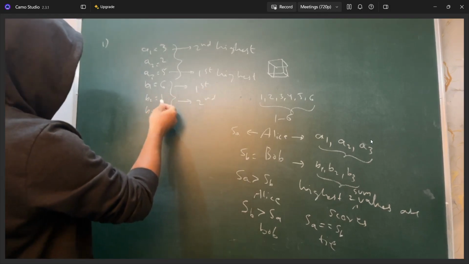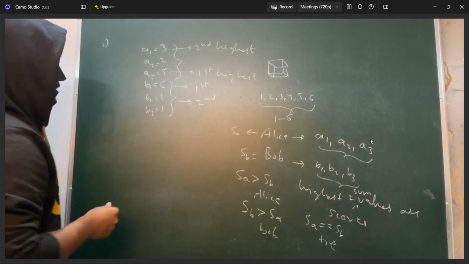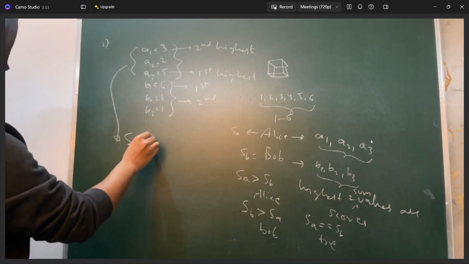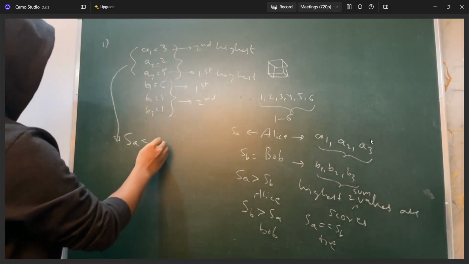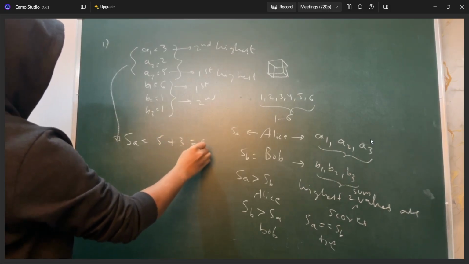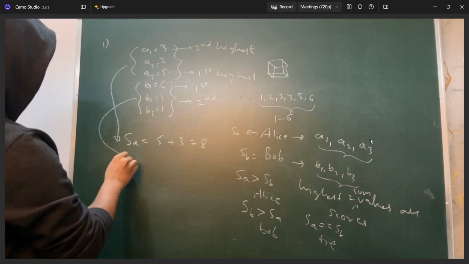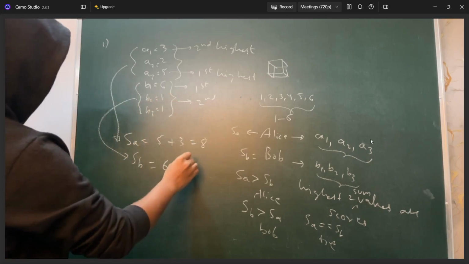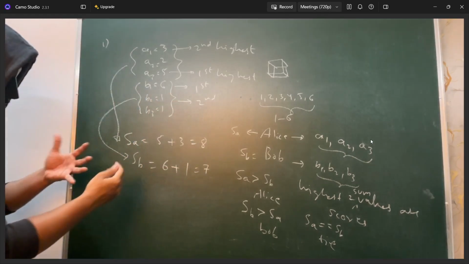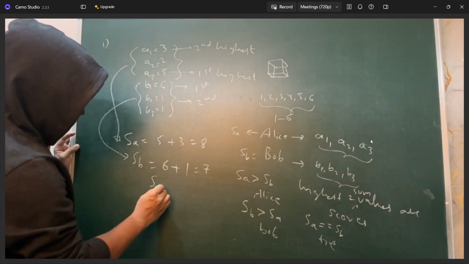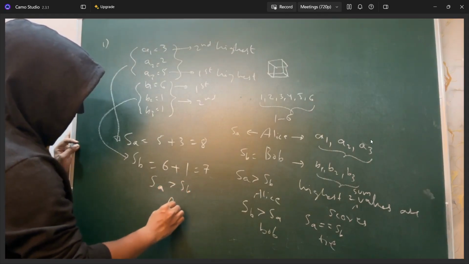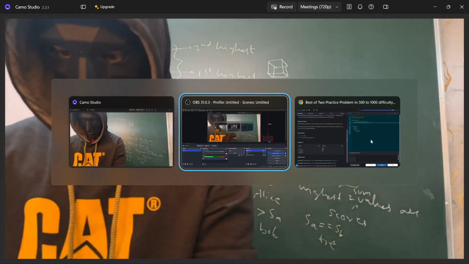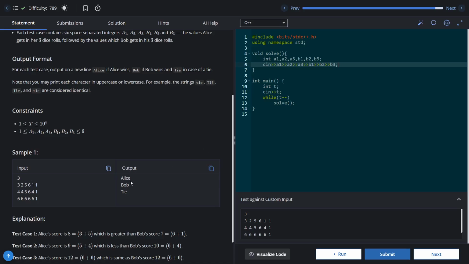Since both are equal, you may take either one as the second highest. So the score of Alice, first highest plus second highest, is going to be 5 plus 3, which is 8, and the score of Bob is first highest, which is 6, and second highest, which is 1, so 7. Clearly, the score of Alice is greater than the score of Bob, so in this case definitely Alice is going to win. So in the first case Alice is going to win.